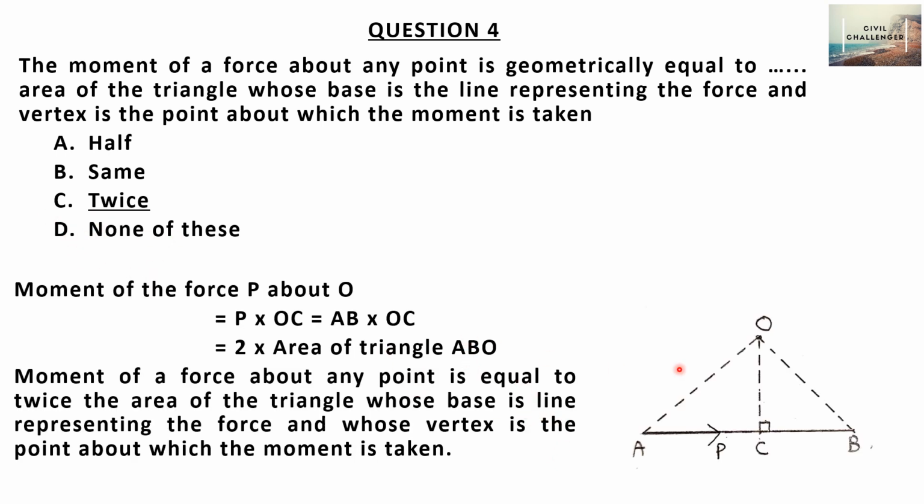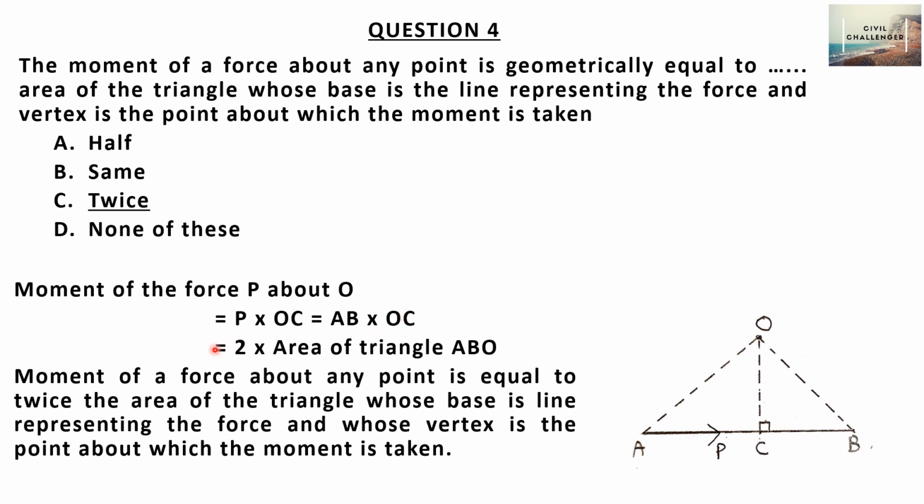Okay, now if you see this figure, we can represent a force as line AB. Then to find the moment of this force P about a point O, the equation is P into L, but L is OC. OC is the perpendicular distance between the point O and the line of action of this force.